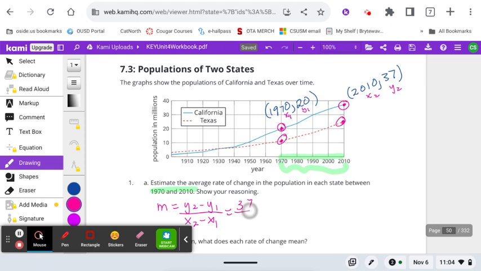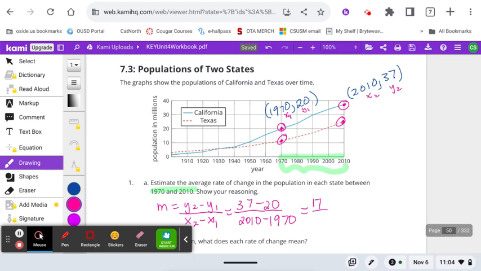So 37 minus 20 all over x2 minus x1. So we're doing the formula y minus y over x minus x. Notice it's a positive increase in population, and I'm about to get a positive answer. I'm going to get 17 over, how many years is that?